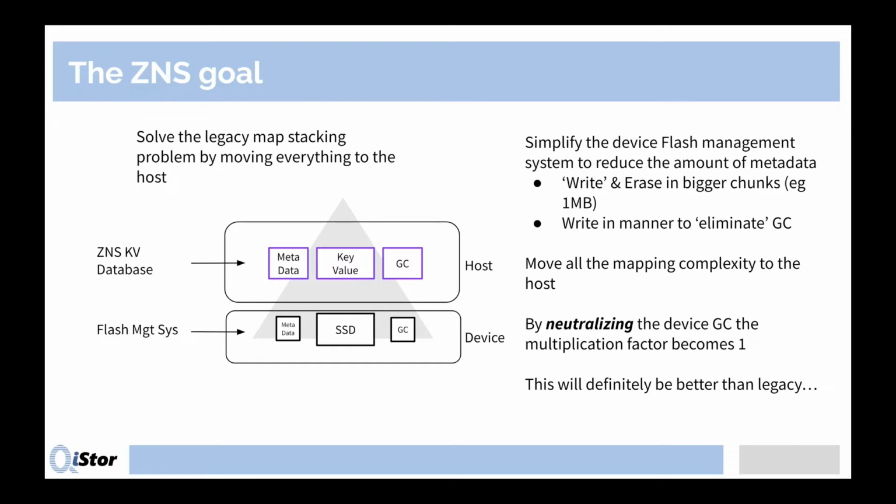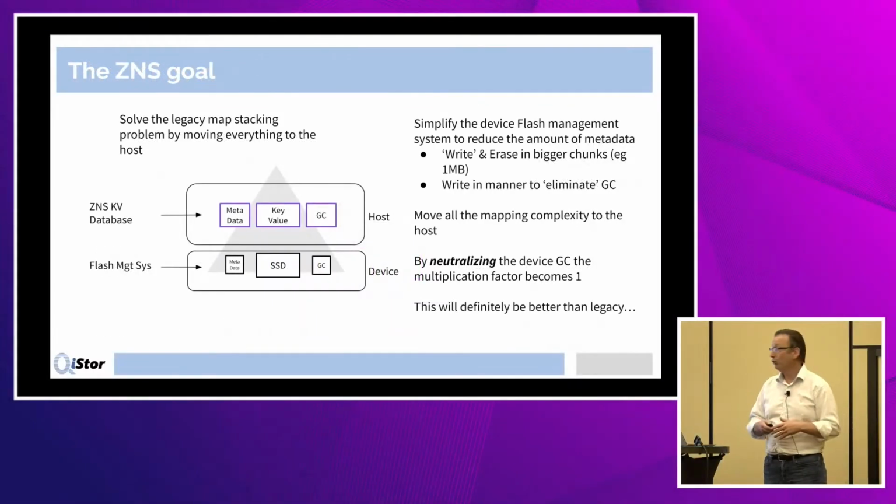onto the host. Now, it's a good idea, and you know, the idea here is that we can have less metadata in the device and less garbage collection, and we'll simplify the device flash management, and we'll just write in very big chunks and arrays in very big chunks. And in terms of being better than the legacy solution, it is absolutely better.